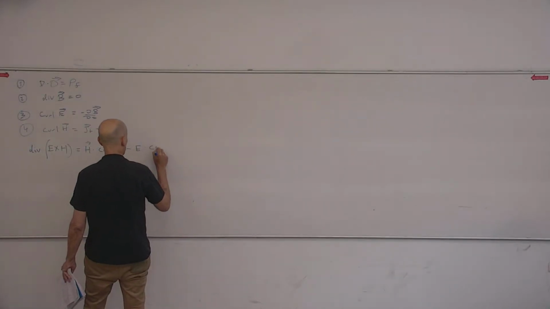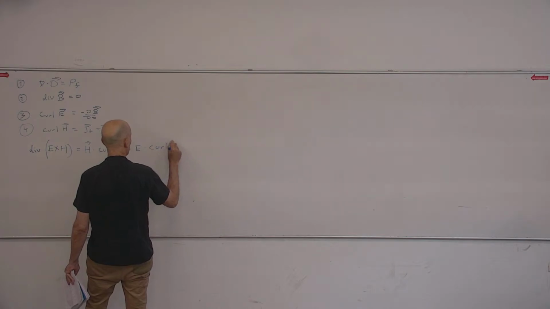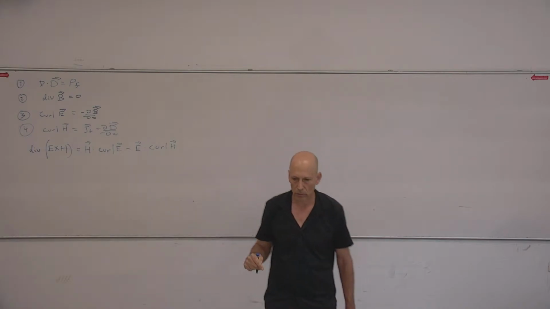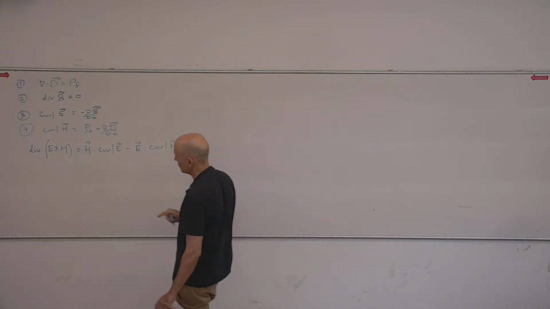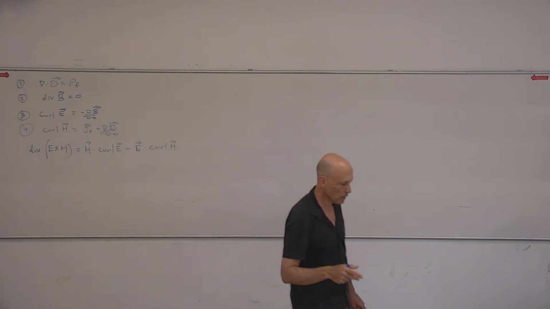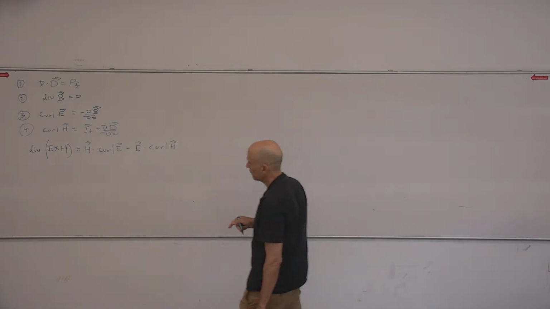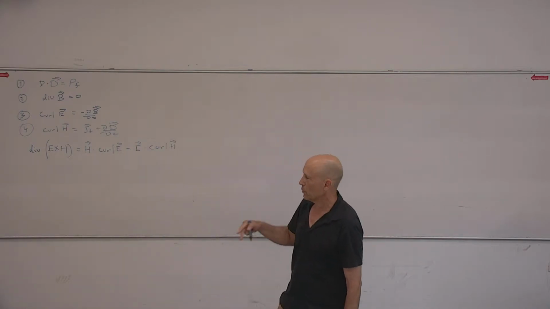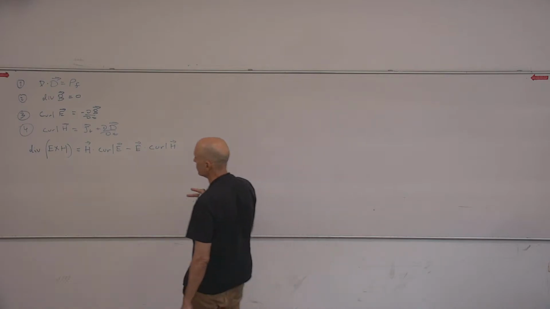E cross H. Why do I put this gun on the table, for shooting later, right? But why is this formulation useful, you think? This is the usual trick. Okay, you will see if you don't see it now. This is a trick that was used here.